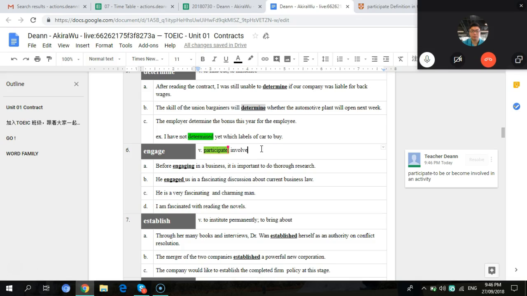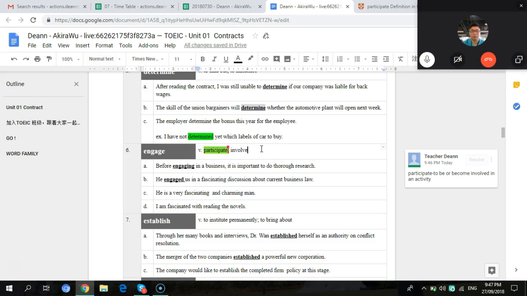So you want to involve yourself there. That is what you mean by the word participate, which also means engage. So if you want to engage in something, that means you participate in something. Okay, so I want to engage myself in swimming lessons. So that means you want to participate in swimming lessons. You want to be involved in swimming lessons.